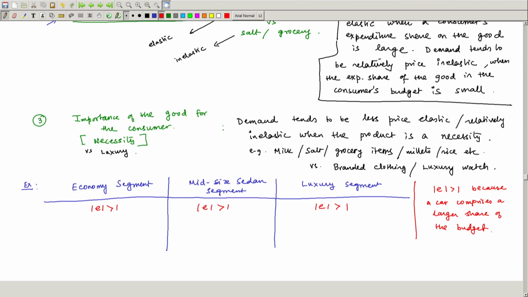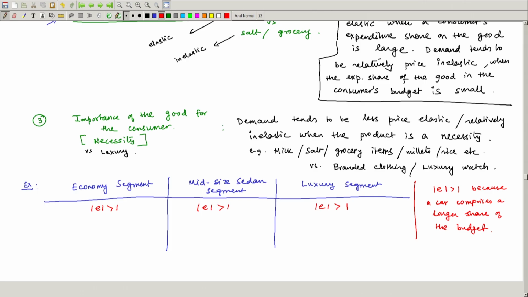Now, you know that all the values are going to be bigger than 1. Well, is the absolute value here a number of the order of, let us say, 6.3, whereas for a mid-sized segment is it of the order, let us say, 2.46, and I am just making up some numbers, and for a luxury segment, let us say, is it 1.38, right.